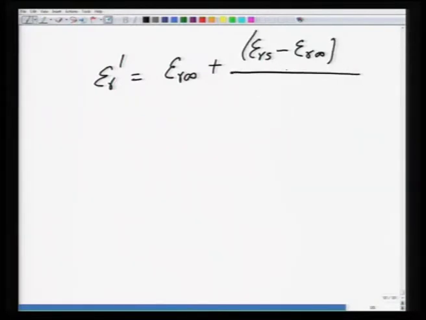Similarly, for epsilon r prime, it is C1 divided by C naught, which is epsilon r infinity, plus epsilon rs minus epsilon r infinity divided by 1 plus omega square tau 2 square. Upon making the comparison, now the circuit looks like this.